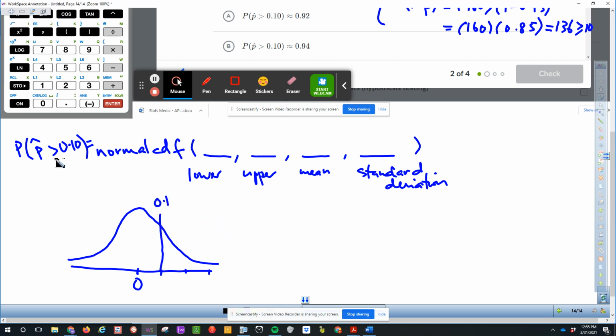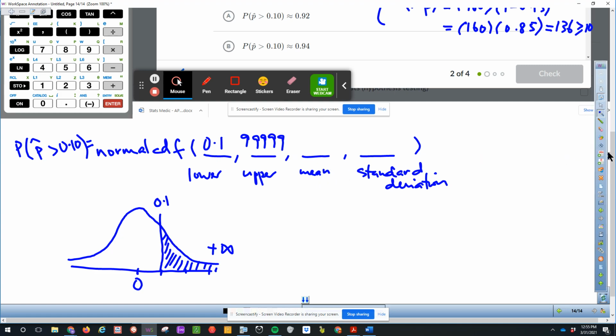And they say more than, so I have to shade more than 0.1, and this goes to positive infinity. So my lower bound is 0.1. Upper bound is going to infinity. Now we do not have an infinity sign on the calculator, so we put a big, big number.